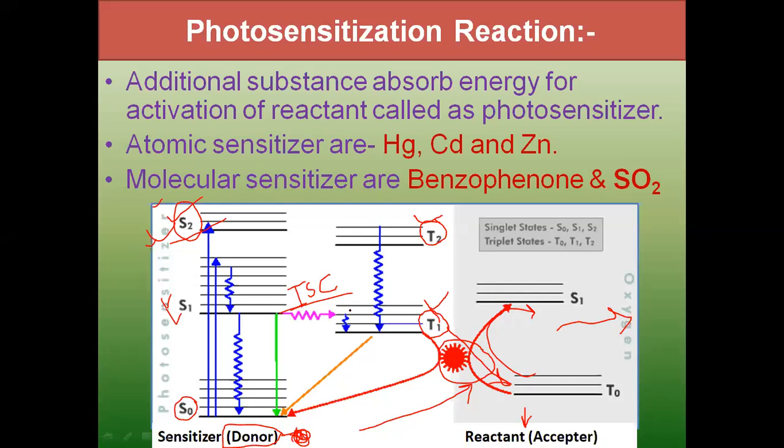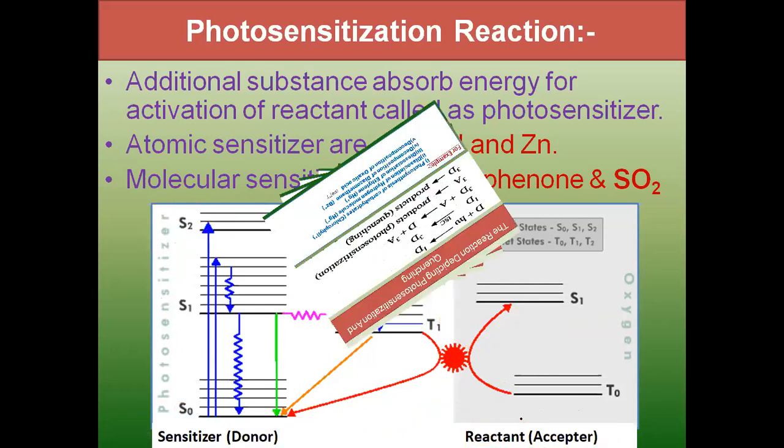But in this whole process, the sensitizer donates its energy. Now you can see here, it donates its energy to the triplet state of the acceptor or reactant molecule. That's why it is called the donor, and the one that accepts the energy from my sensitizer is called the acceptor.